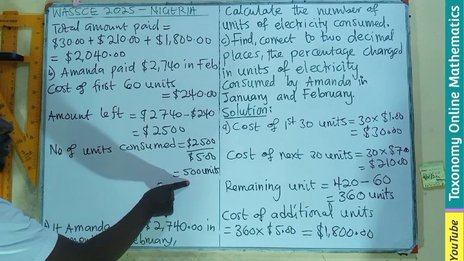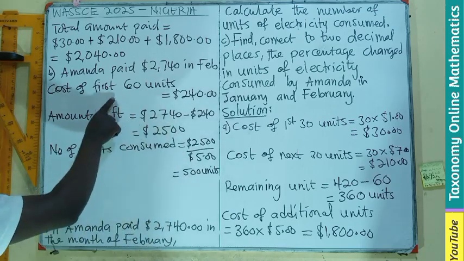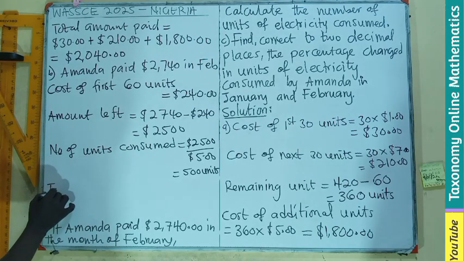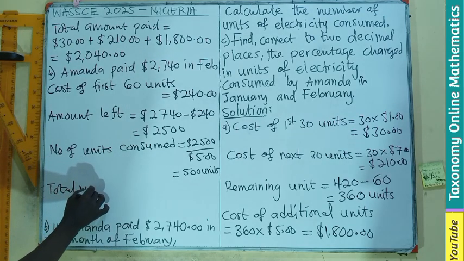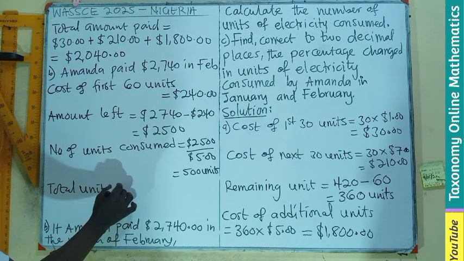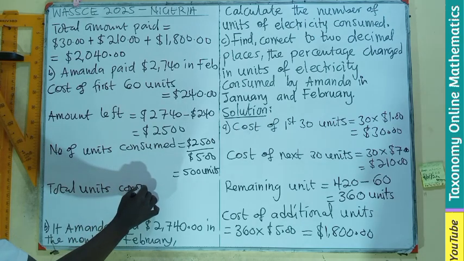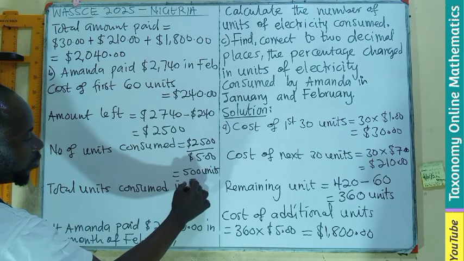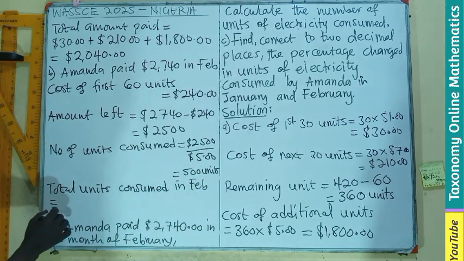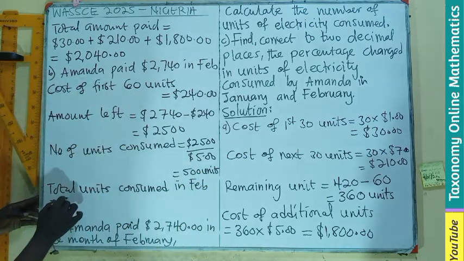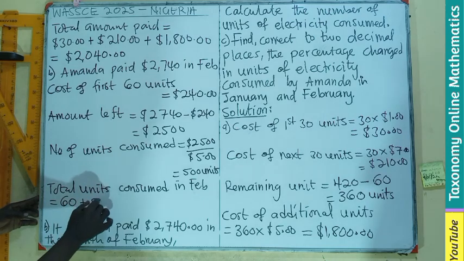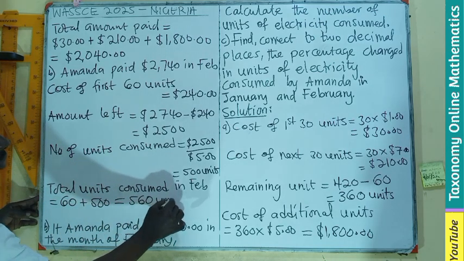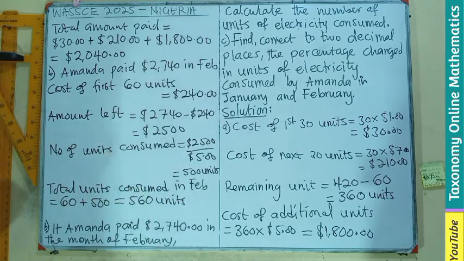So this is the 500 units. So the total units consumed in February is going to be, first we have 60, second we have 500, and that gives us 560 units.